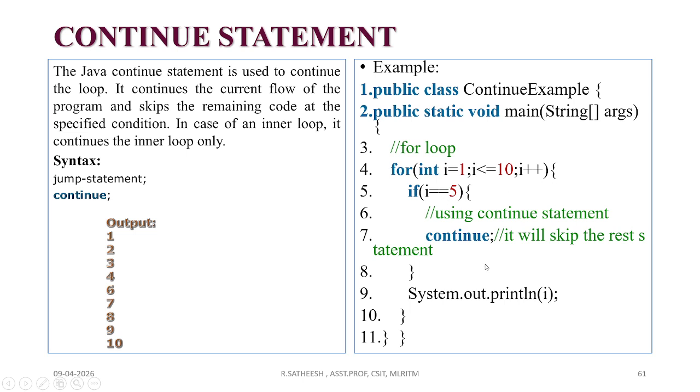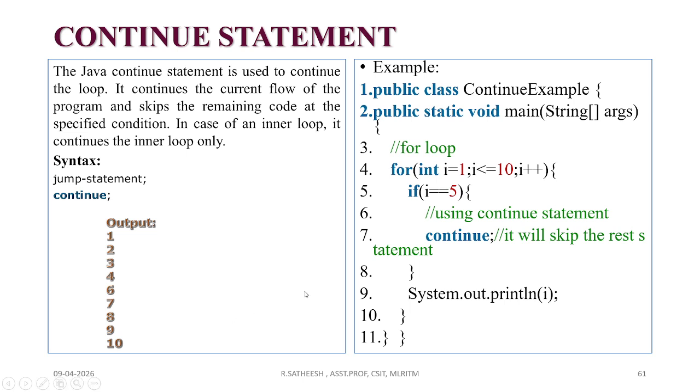Now when i equals 5, in the previous example I gave break, but this time continue means it simply ignores that condition, and the statements before and after are printed as they are.